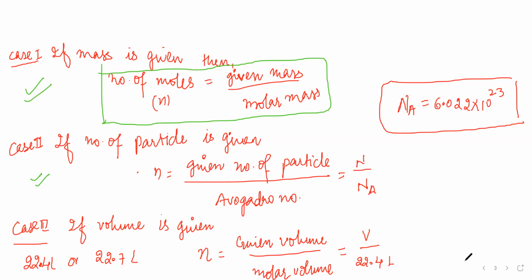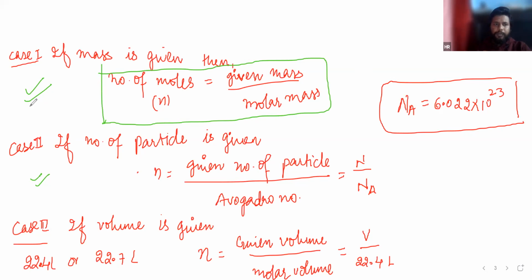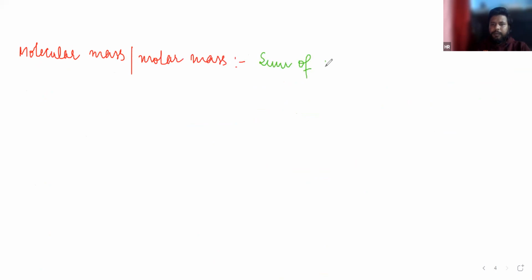Okay, just see. Before applying this formula in the question, I have something to discuss about molar mass or molecular mass. What is molecular mass or molar mass? It is the sum of individual atomic masses. If H2SO4 is given, what is the molar mass of H2SO4?